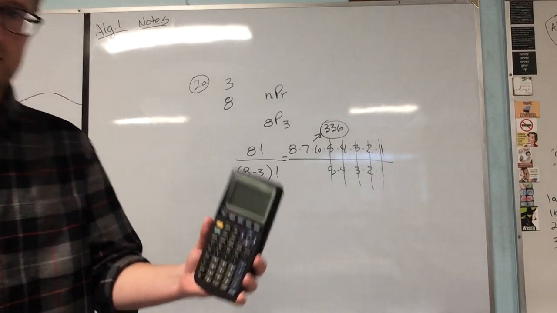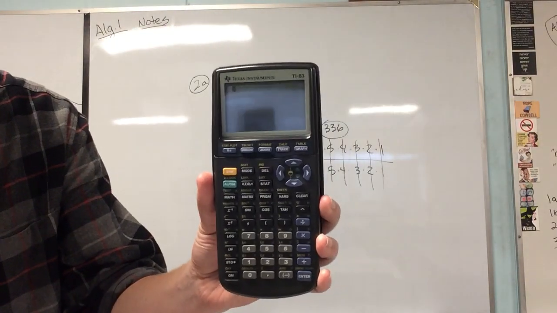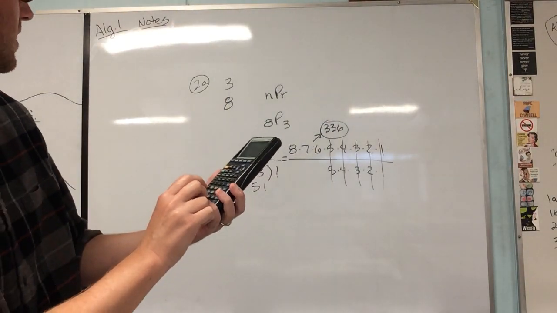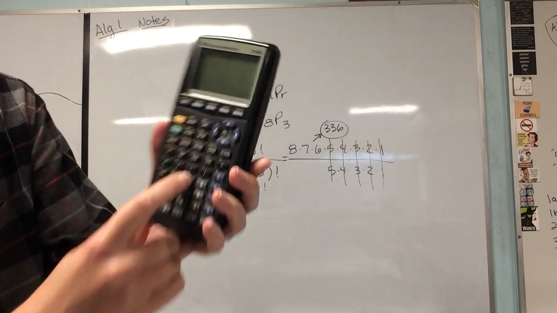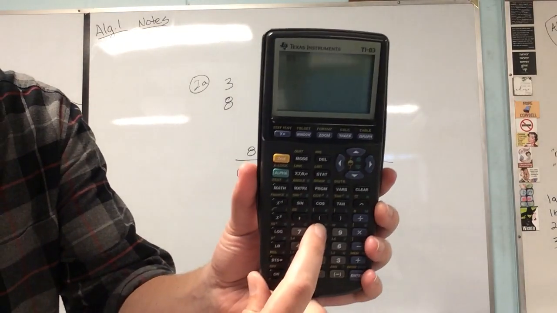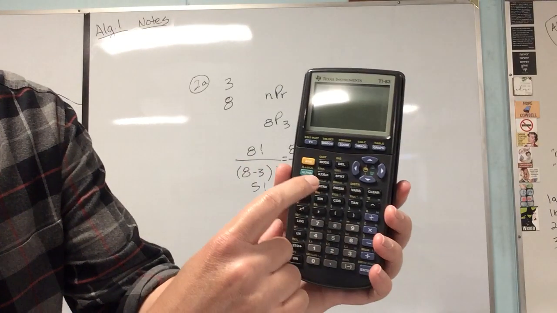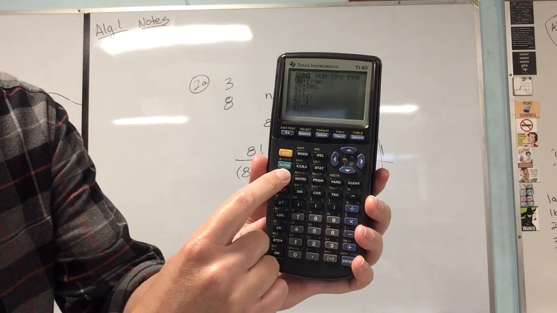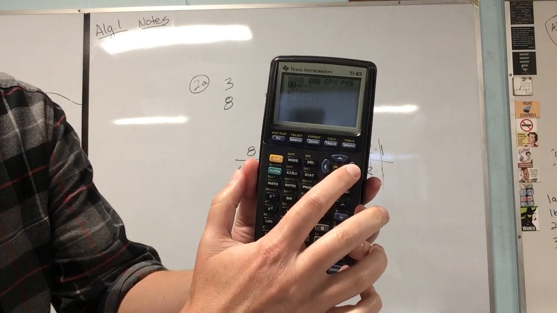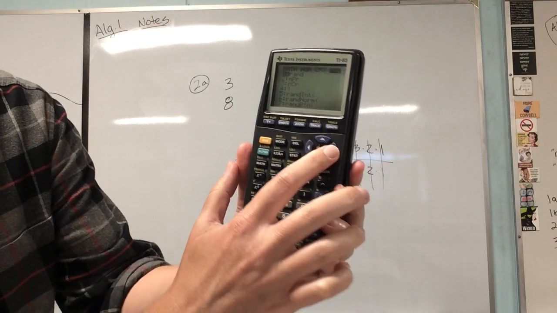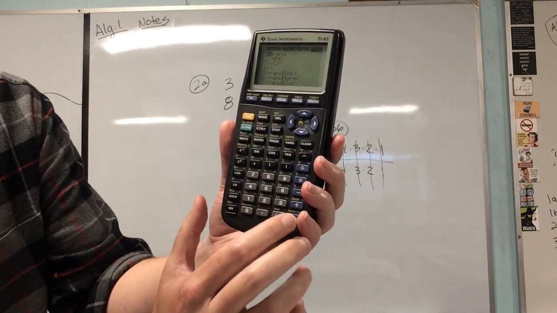Now, in the calculator, I know this might not be the best visualization here, so we're going to see how well this gets picked up on the screen. If I were to put, let's see, it's going to be 8. Okay, then you're going to push the math button. Then you're going to scroll over to where it says PRB.